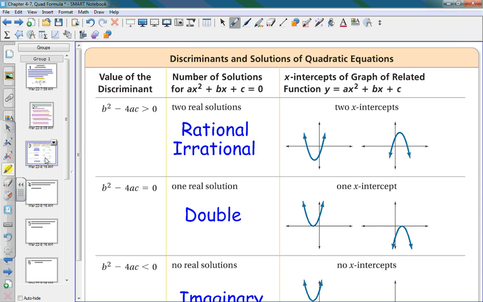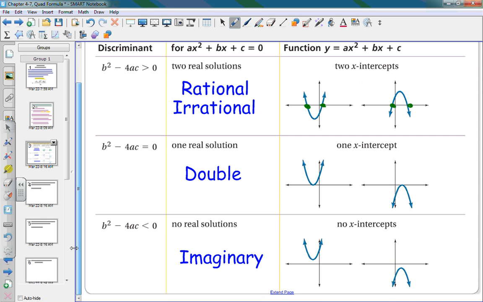So what do these things look like visually? If b squared minus 4ac is greater than 0, you're going to have either rational or irrational solutions, meaning you can visibly see where they are crossing the x-axis. If it's a double root, meaning it's going to be one solution, meaning this is going to equal 0, it touches the x-axis at one point, and then it shoots right back up or right back down.